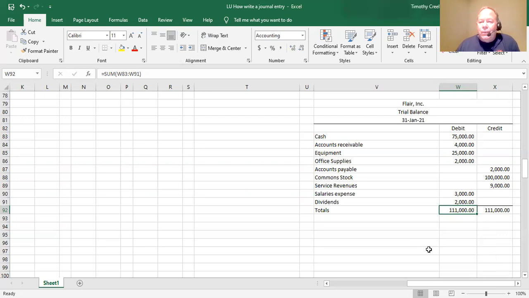You would do what's called a post-closing trial balance, or before you did your financial statements. And then you would do a closing trial balance at the very last thing at the end of the period. And you would just make sure that, again, your debits and credits are in balance before you close out the month and move on to the next period of time or month.